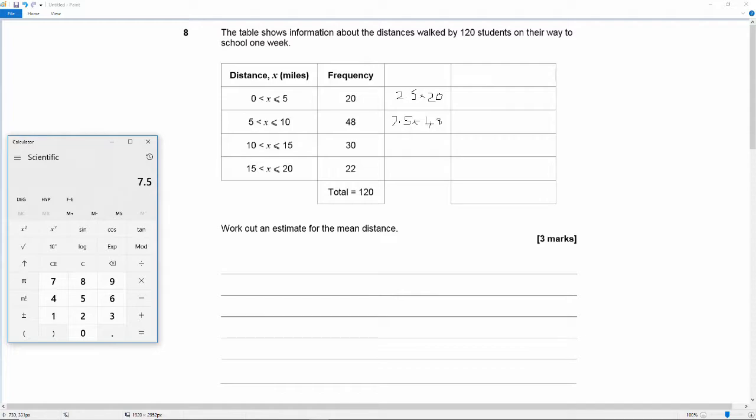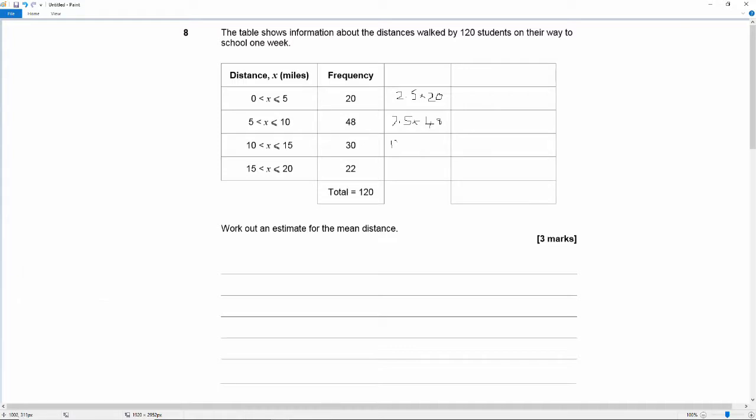So between 10 and 15, it's the same deal. It's just 10 plus 15 equals, divide the total by 2, and that's 12.5. So that's 12.5 times 30.